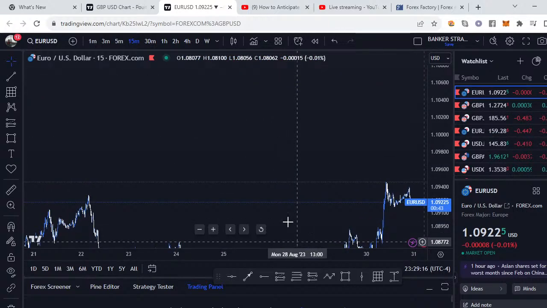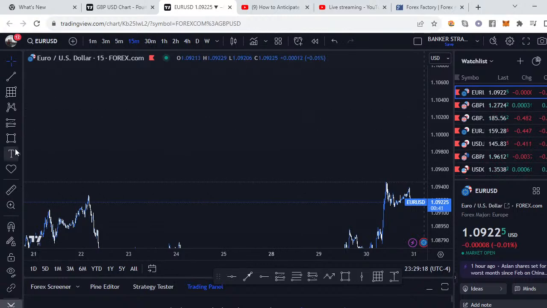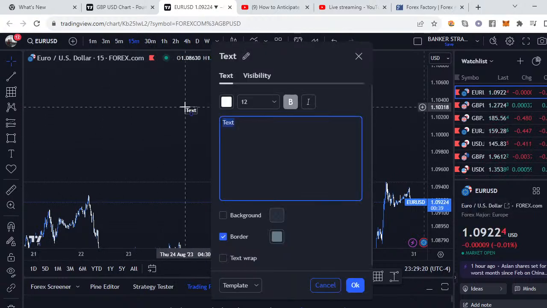Let me label the specific times. Notice we didn't even get into the actual chart yet. But in trading, time, and I'm going off of New York time because that's the time zone I live in.